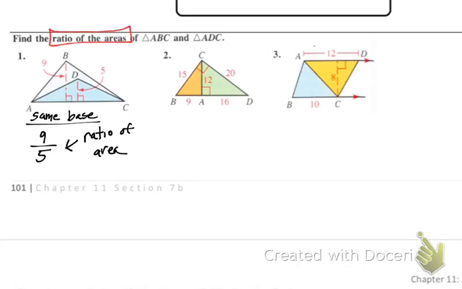All right, for number 2, do I have the same base or the same height between ABC and ADC? Same height or same base? Yeah, Sam. Same height. It's got the same height, so what am I comparing? Bases. The bases, yep.